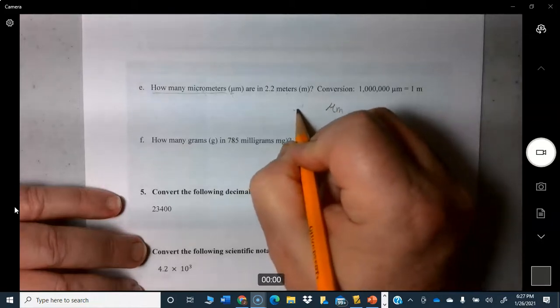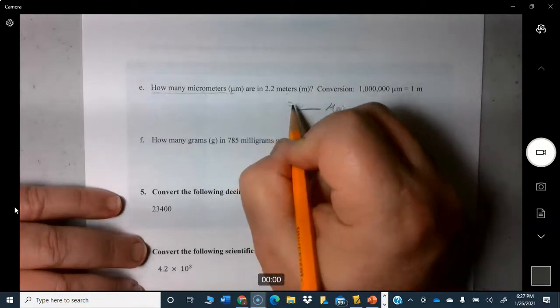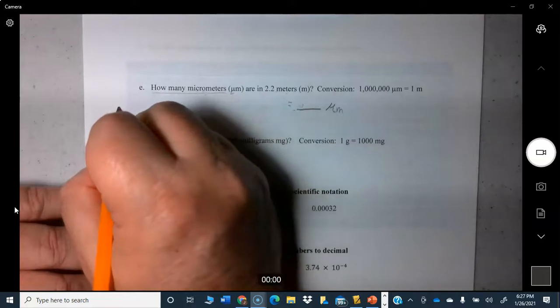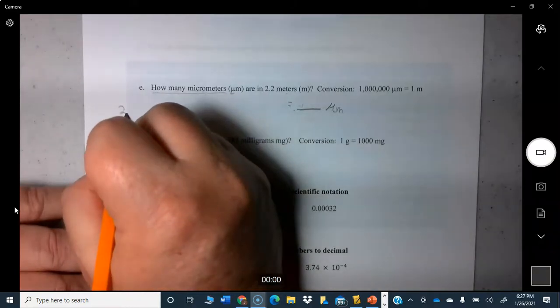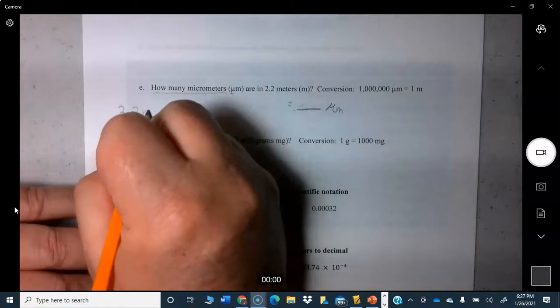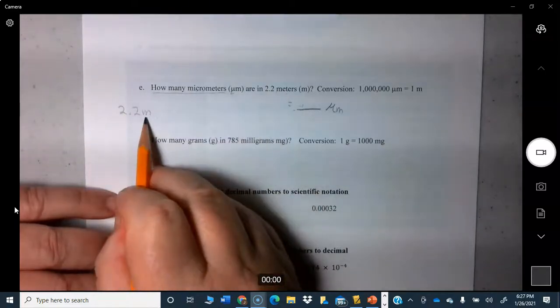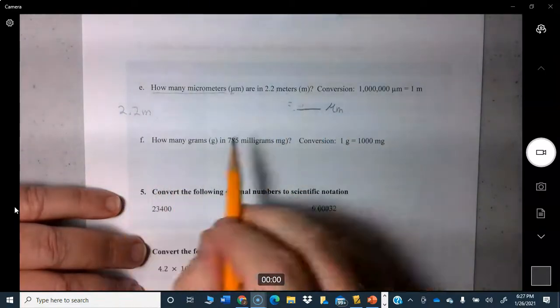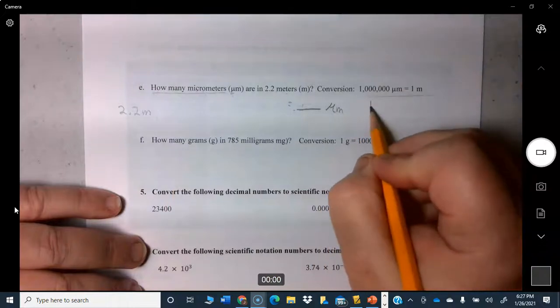Okay, this one's got a little bit of a trick to it, so watch this. We're starting with 2.2 meters. Well, it really doesn't have a big trick to it, the way I've written the problem, okay? So we're starting with meters, we want to end with micrometers. And I give you a conversion, and again, you can write that.